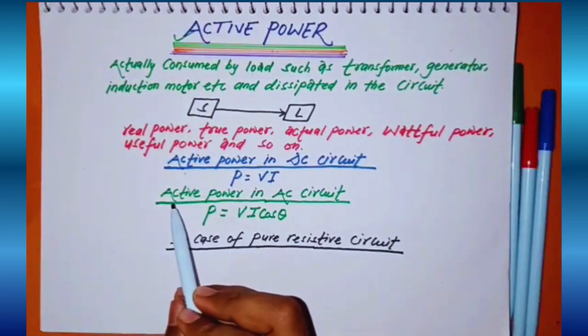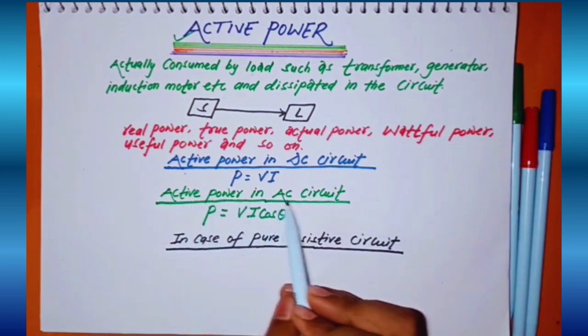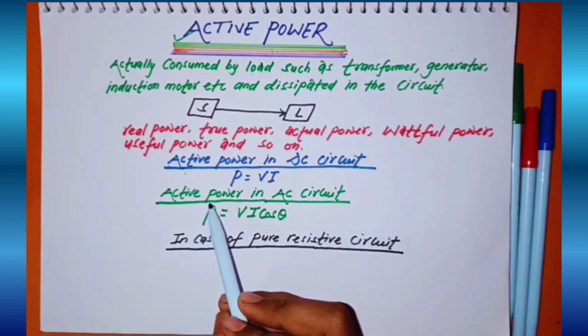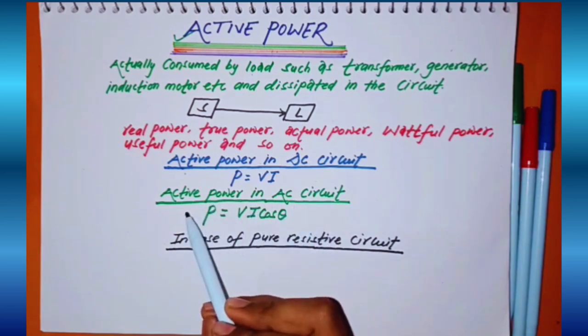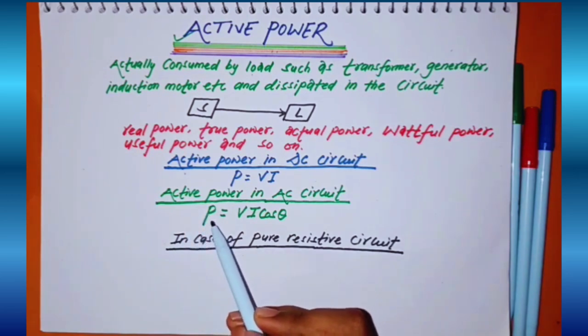Now let us consider active power in AC circuit. Active power in AC circuit is bit more complex because of the presence of phase angle difference between current and voltage.